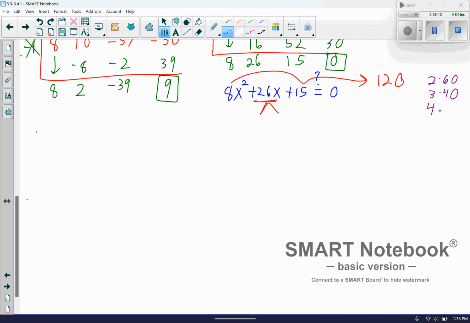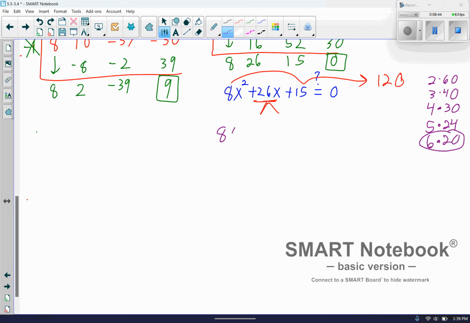Divide by 4. 4 times 30 would add up to 34. No, but I'm getting closer. Divide by 5. 5 times 24 adds up to 29. I'm getting close. Divide by 6. 120 divided by 6 would be 20. Oh, bingo. 6 times 20 is 120, and those two numbers add up to 26.